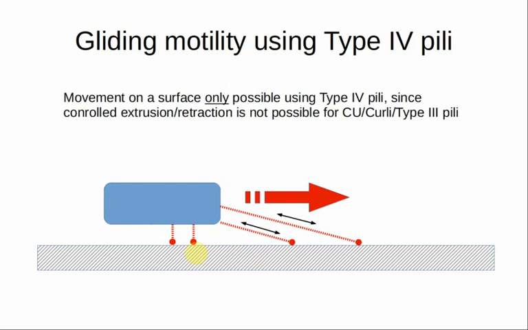And this generates force to move the whole thing forward. It's kind of like throwing out a rope and then drawing it in and then throwing out a rope again and pulling it in. So it moves around like that. Okay, so that's gliding motility. Only possible for type 4 pili.